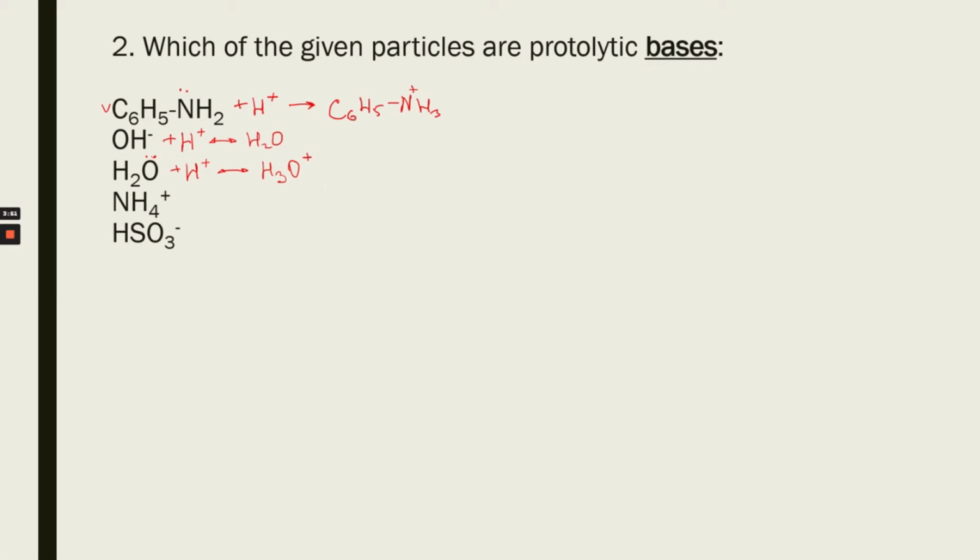Ammonium ion is not a protolytic base because all valences are used already, and the electronic pair of nitrogen is already used for forming a bond with protons, so I will cross it out. And hydrosulfite ion can accept a proton, and it will form sulfurous acid, H2SO3.